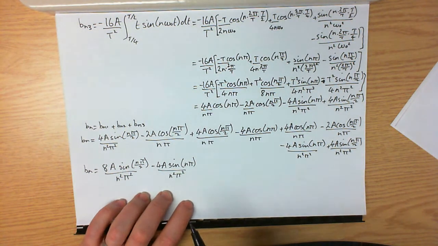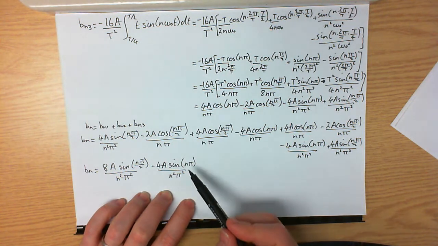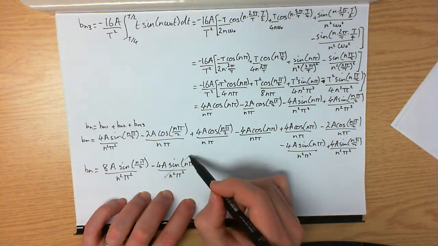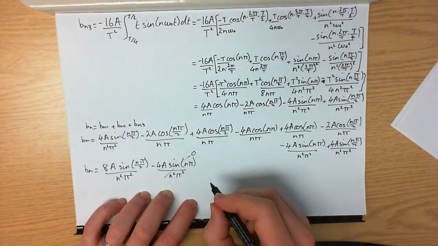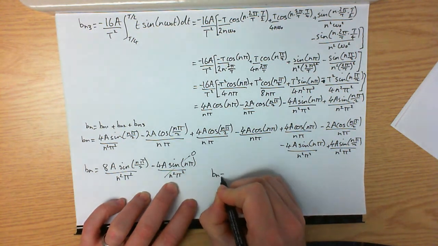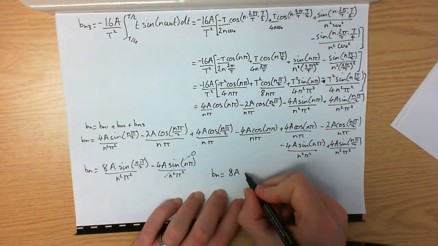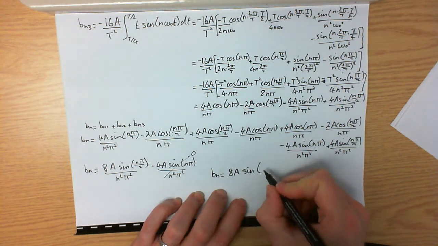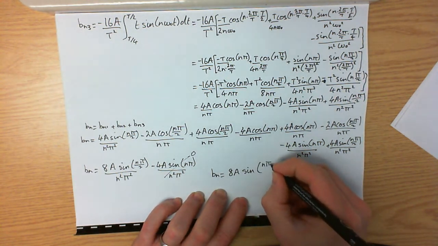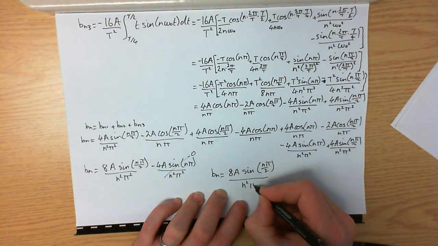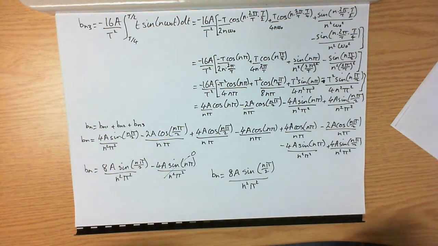Well, that's starting to look a little bit better, and even better is the fact that for all integer values of n, sine of n pi goes to 0. So that term just disappears. So we're left with Bn is 8a sine of n pi by 2 over n squared pi squared.